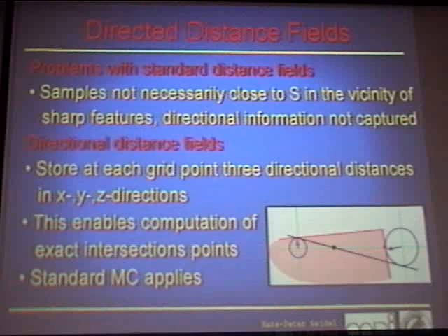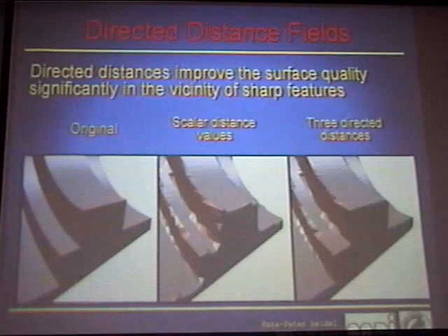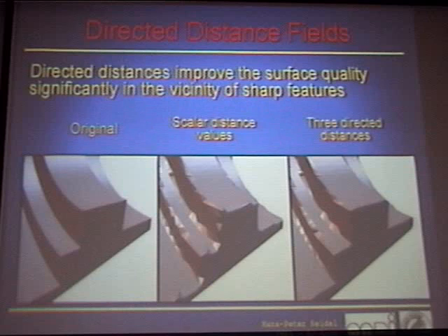Maybe we just look at the picture. If we have this kind of situation here, then the standard marching cubes algorithm would produce this black point here, while if we store the distances along the coordinate axes, we get the red point here. And if we just incorporate this first contribution, taking into account distances stored along the 3 coordinate axes, not just one scalar distance, we see some improvement. This is a standard benchmark in the field, the so-called fan disk model.